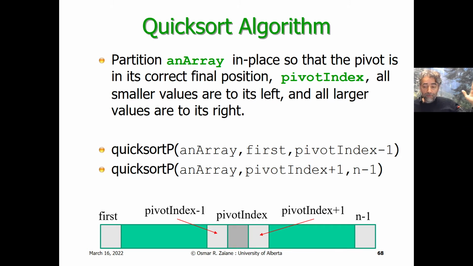For those that I traversed, I make sure that anybody who is bigger than the pivot is right of the right pointer, and anybody that is smaller than the pivot is left of the left pointer. And the day they cross each other, I traversed the whole thing, and everybody bigger than the pivot is on one side, and everybody smaller than the pivot is on the other side, and the pivot is right in the middle.